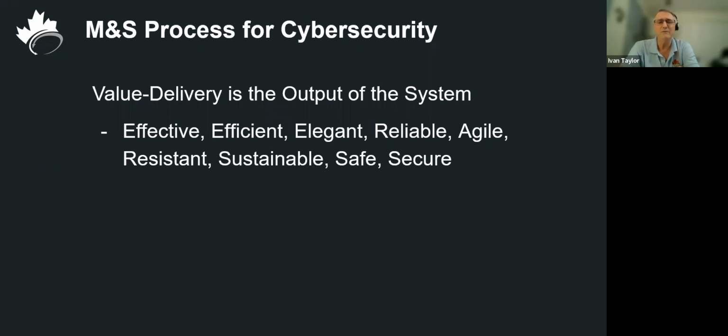And when we talk about output or value delivery, we can think about various characteristics of the value, and generally these support cybersecurity, such as reliability, resistance, sustainability, safety, security. However, there could be also some of these characteristics that may inhibit cybersecurity, such as efficiency, where you may not build in all of the redundancy necessary to really produce a very comprehensive risk posture.